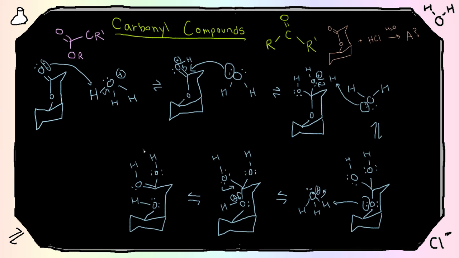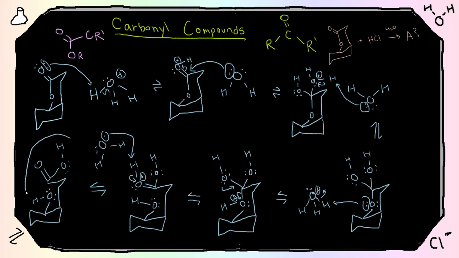So now we get something that looks like this, with this oxygen having a positive charge yet again. So what is the way that we can get rid of that? Well, we can have another water come in and grab this hydrogen off, pushing that back down onto the oxygen, and we end up with that as our final product, along with our H3O plus.